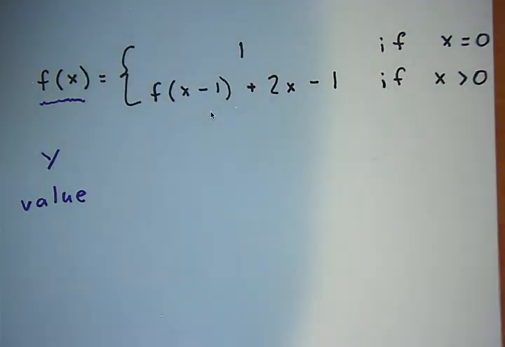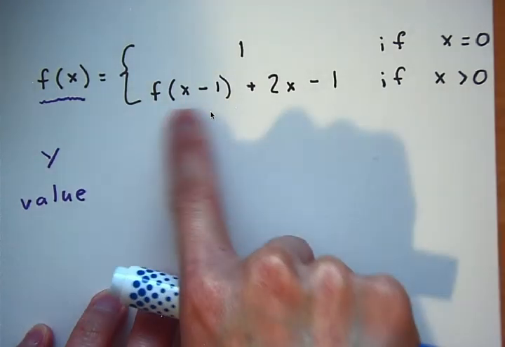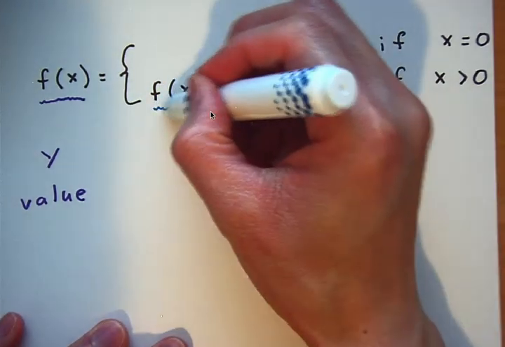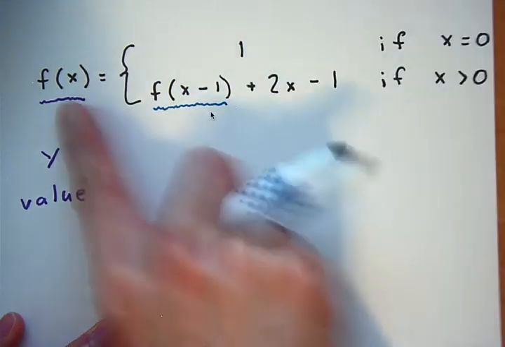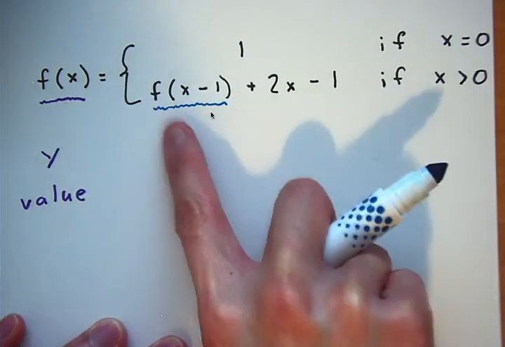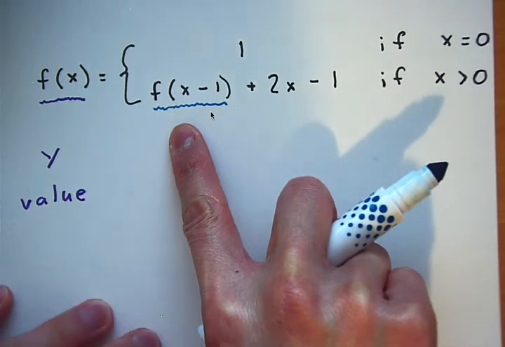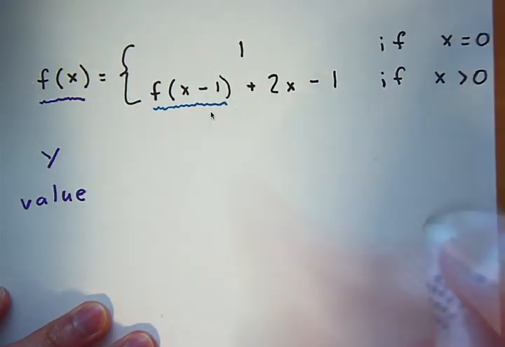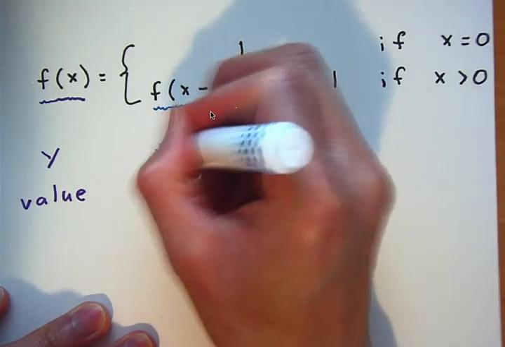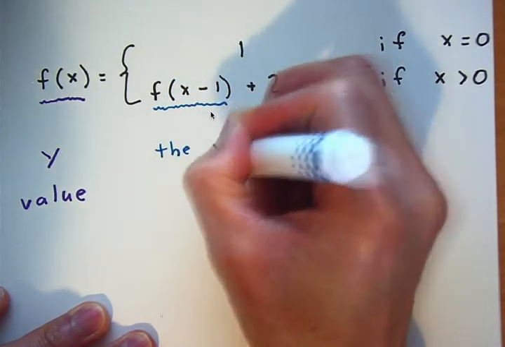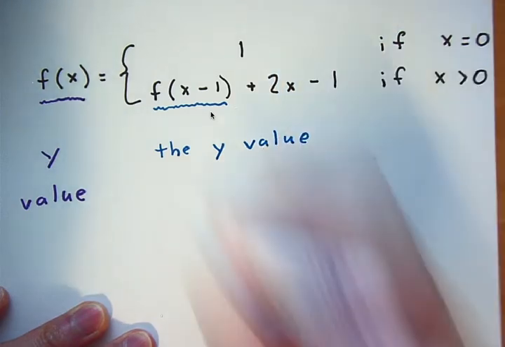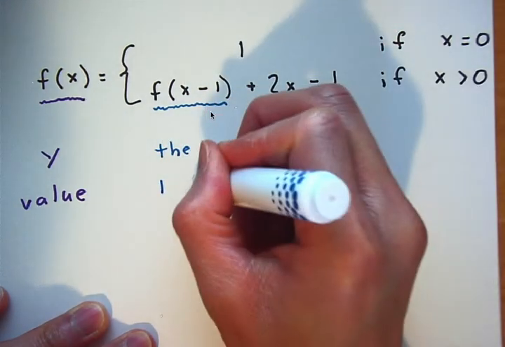I want to talk about this part right there. If you notice they look similar to each other. This right here is your y value. This right here is the y value 1 before.